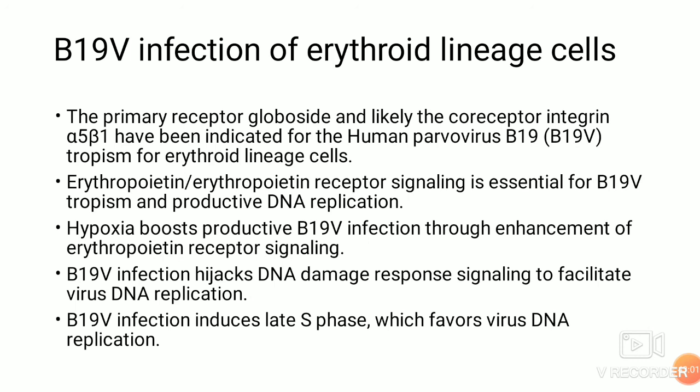Erythropoietin receptor signaling is essential for B19 tropism and productive DNA replication. Hypoxia boosts productive B19 infection through enhancement of erythropoietin receptor signaling. B19 infection hijacks the DNA damage response signaling to facilitate viral DNA replication. B19 viral infection induces late S phase, which favors the viral DNA replication.